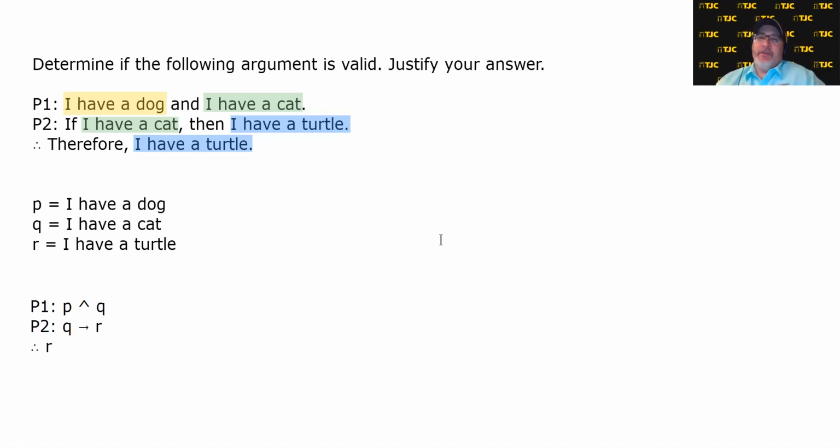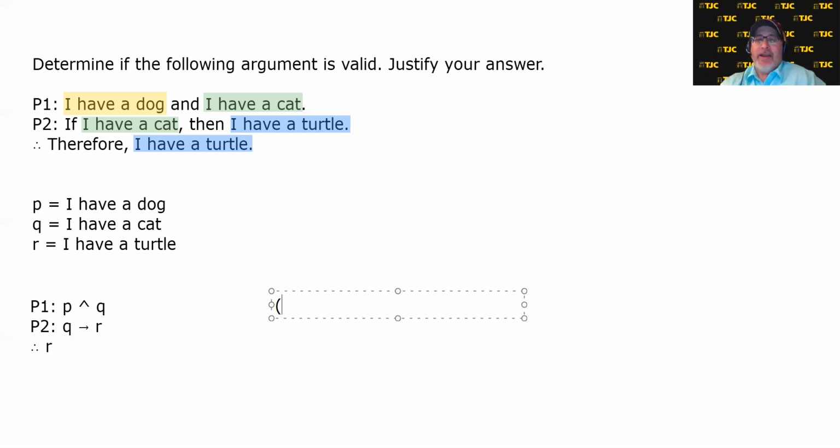All right, this doesn't match a common argument form, so we can't determine its validity by matching it to one. We can, however, determine its validity by using the truth table approach. And remember, for the truth table approach, we have to write an implication. The implication is a conditional of a certain form: the conjunction of the premises pointing to the conclusion.